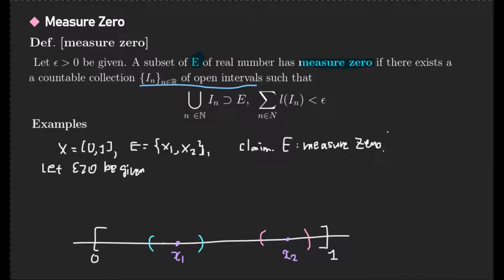Using this epsilon, we make the intervals. One is (x1 minus epsilon over 8, x1 plus epsilon over 8), and the other is the same for x2. The important point is 8.